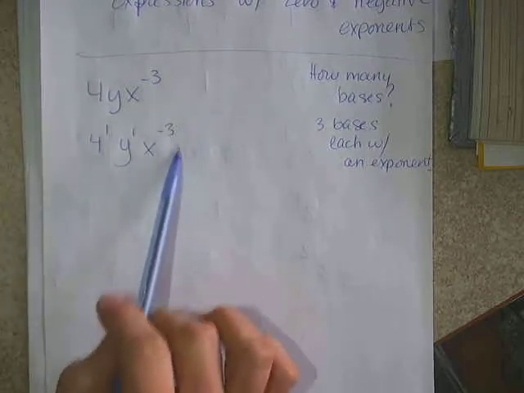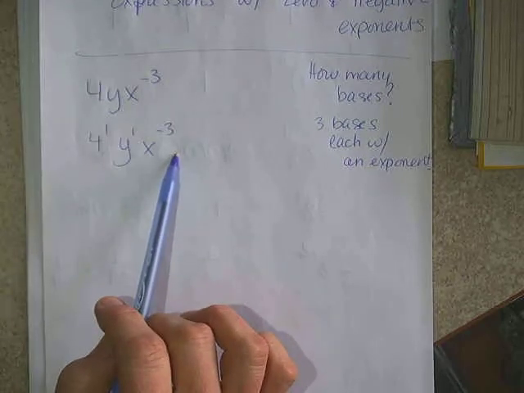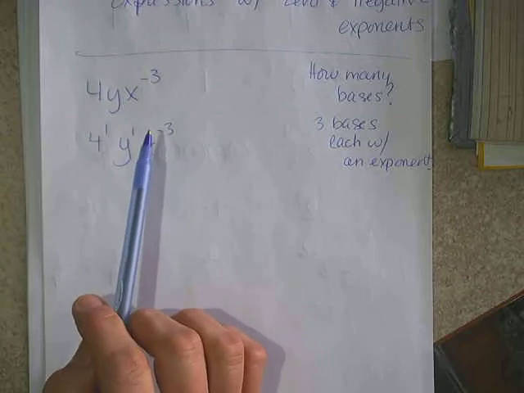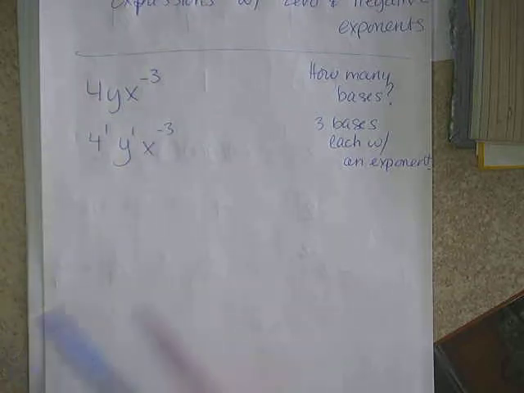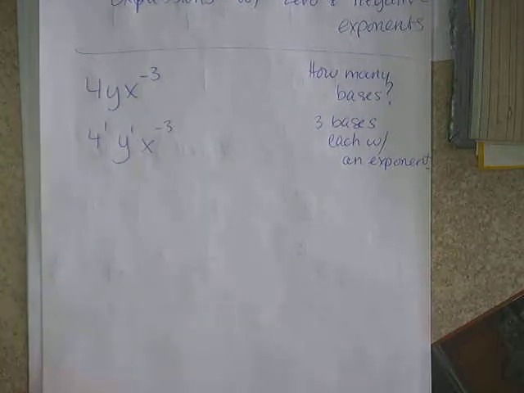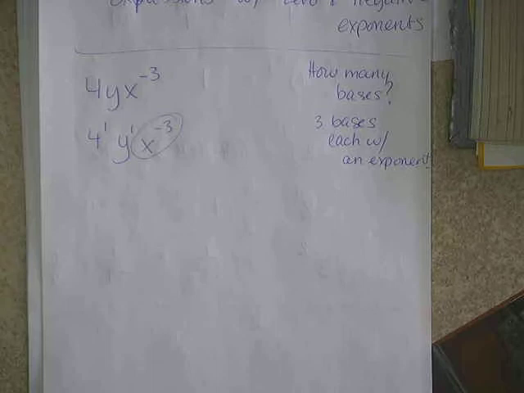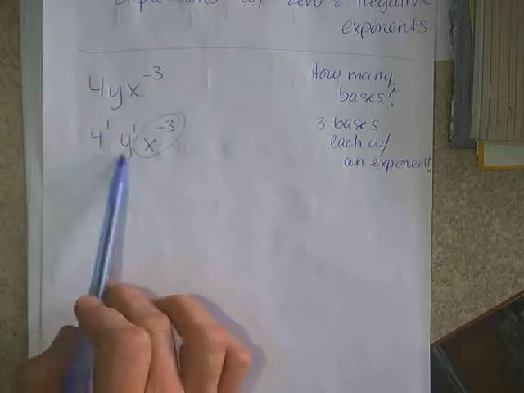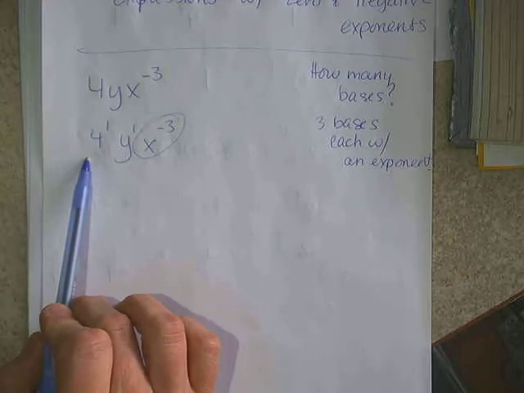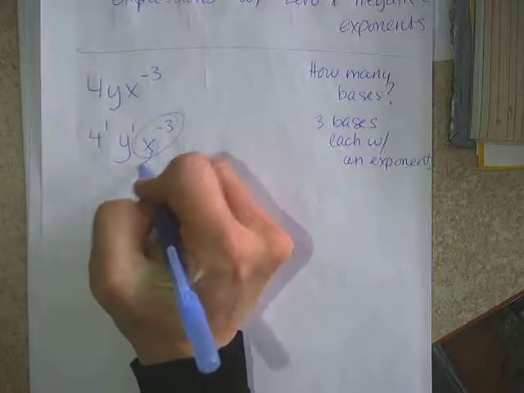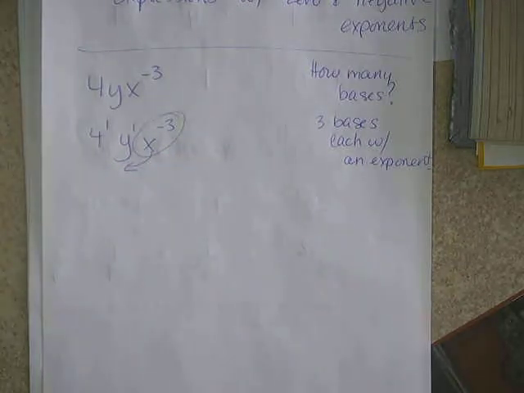X. So this is like my class. X is the only one with a problem. So that problem is going to be taken care of. What you're going to do here is this one is going to take the elevator, where the other 2 are going to stay put. Okay? So this one is going to go underneath.